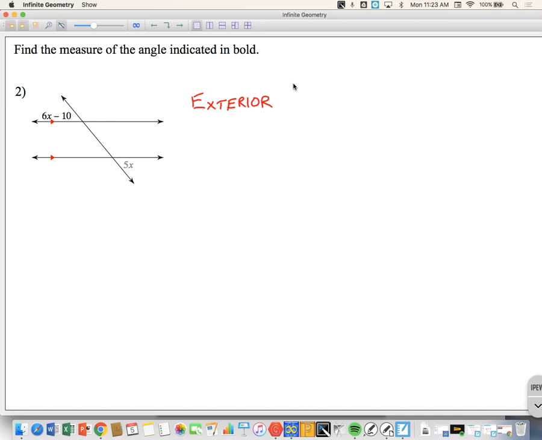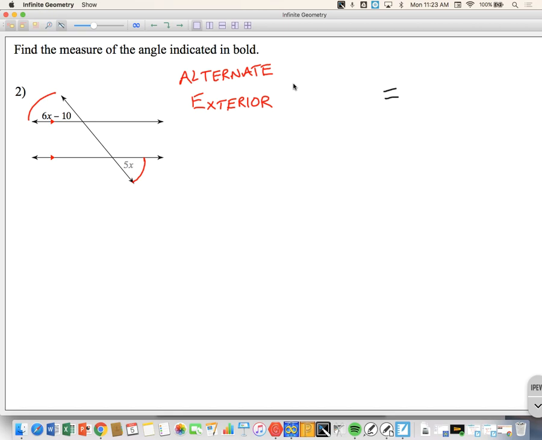They're also on different sides of the transversal, so they are alternate exterior angles. Again, this tells us that they are congruent. And sometimes it helps to put these little arches as a visual to help you see their relationship to one another. So let's go ahead and follow the steps we just did.